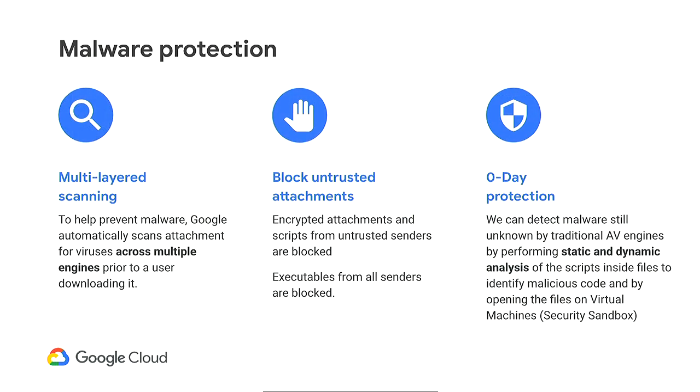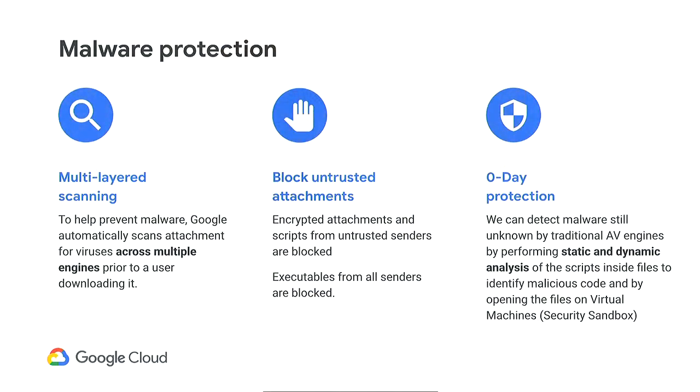For malware, as with phishing, we have a multi-layered approach. We use many AV engines, and we run the file through all these AV engines. So when you use Gmail and G Suite, you're protected by many antivirus engines.